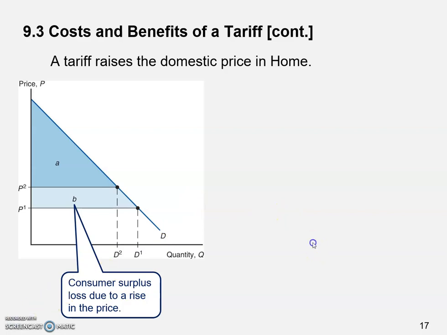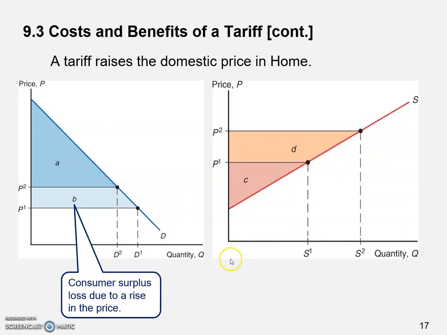On the production side, when the price is P1, the producer surplus would be just C here, this pink triangle, the area above the supply curve and below the equilibrium price. Now, because of the tariff, the price goes up from P1 to P2, and the producer surplus gets larger.